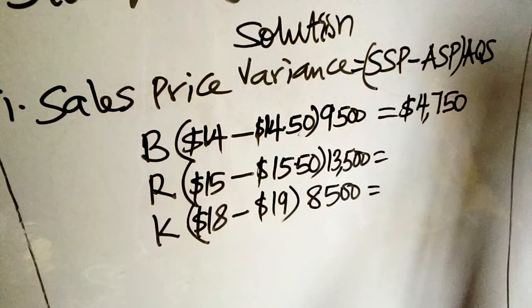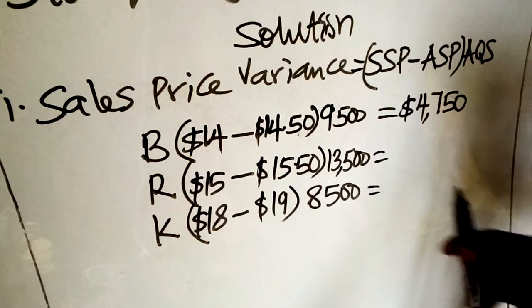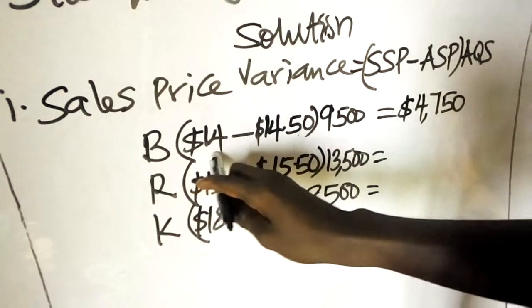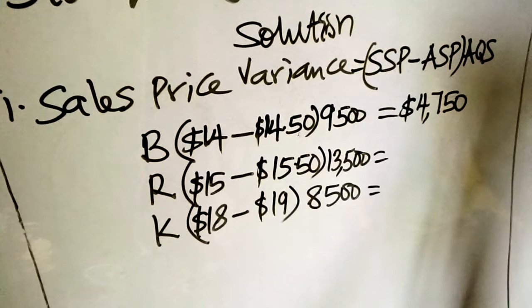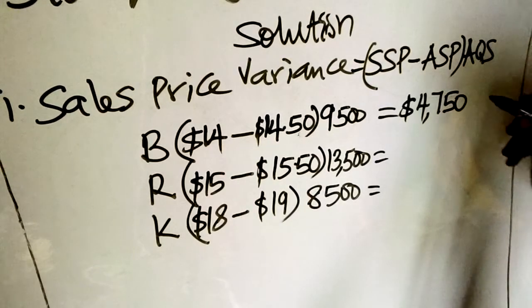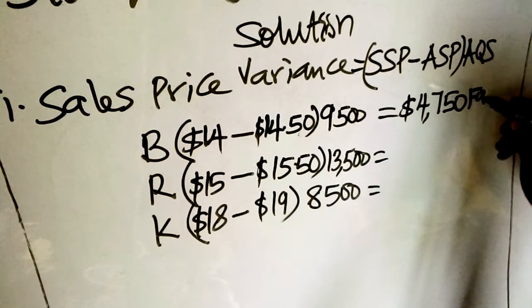If you have $4,750 and the actual selling price exceeds your standard, that shows that it is a favorable variance.